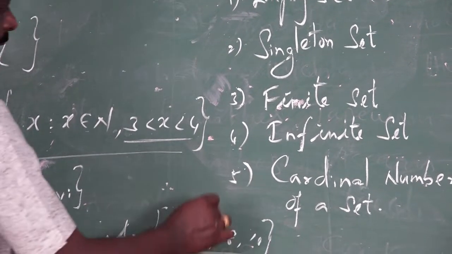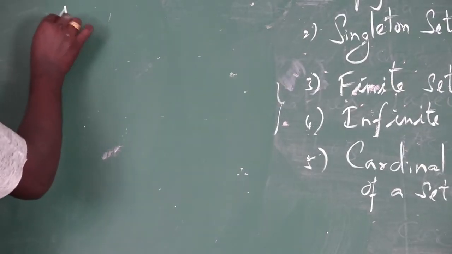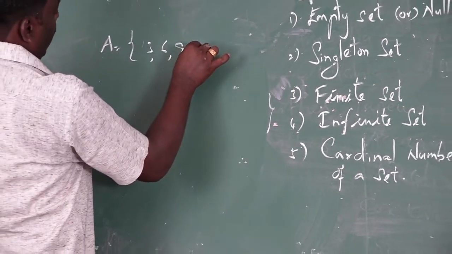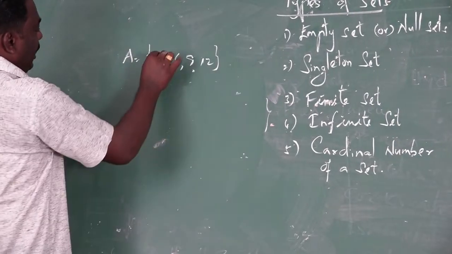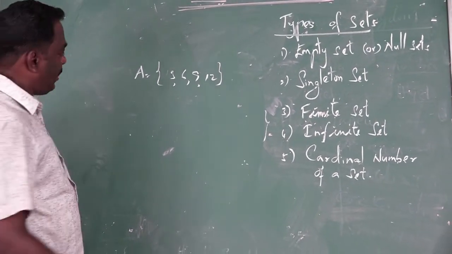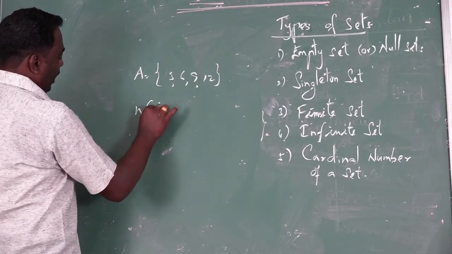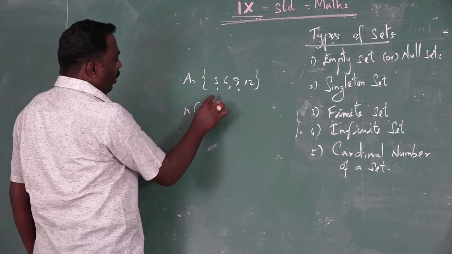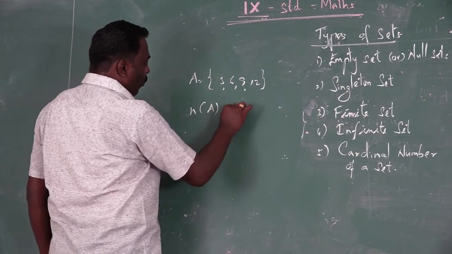Now the next one is the cardinal number. Suppose we take a set A with elements 3, 6, 9, 12. The number of elements in set A is denoted by n(A). The number of elements in set A is 1, 2, 3, 4, that is 4 elements.